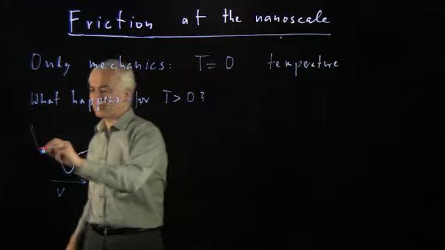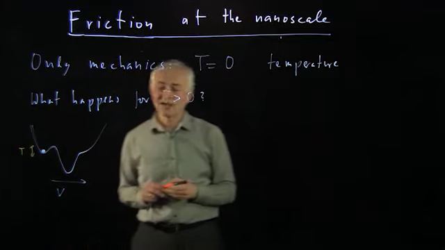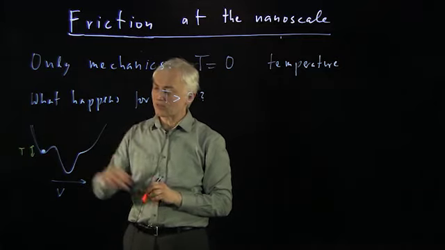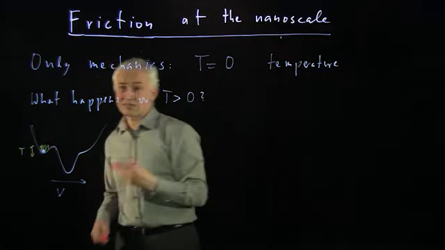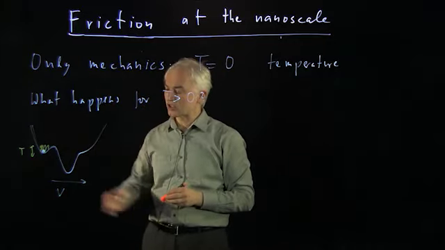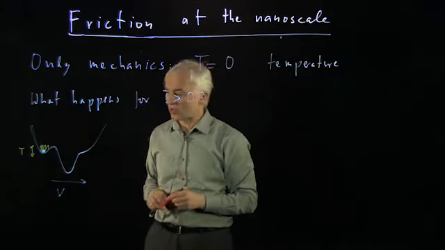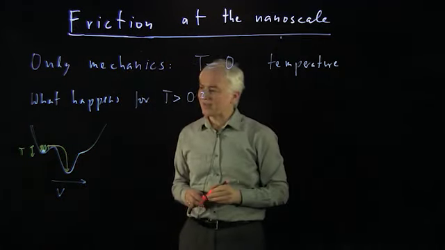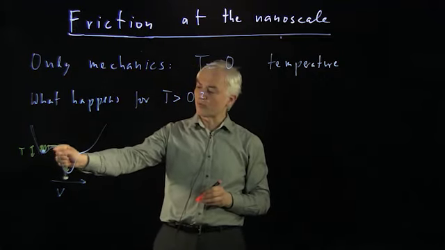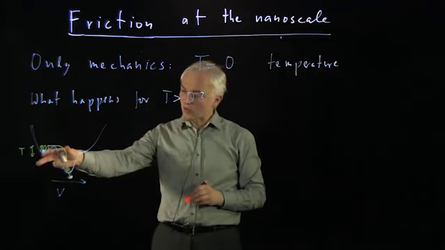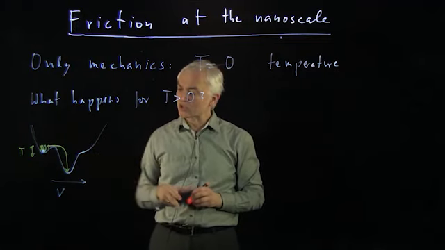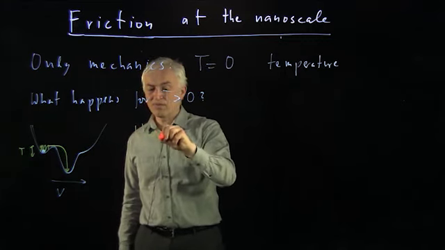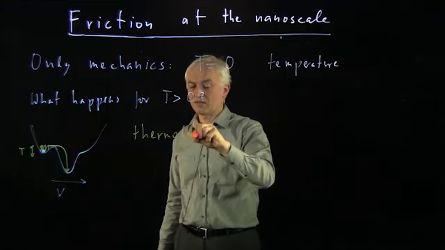However, if we have a finite temperature T, some temperature scale T, that means that the energy of the atom in the potential is not 0, the kinetic energy, but the atom has a smeared out kinetic energy and potential energy that is like so. So what that means is that the atom can thermally hop over the barrier and find the new minimum without actually having to be pulled over this maximum. So what we expect is that temperature effect might reduce friction. People call this thermolubricity.